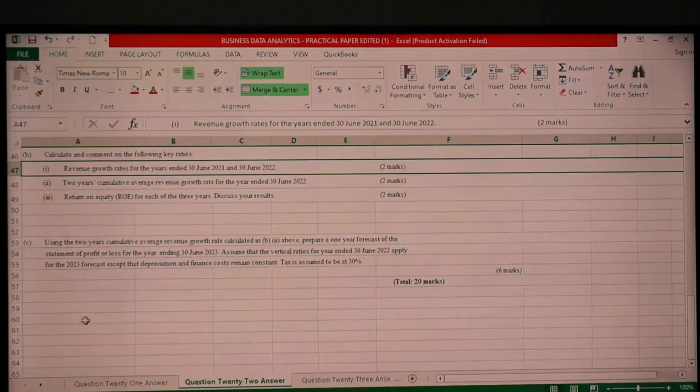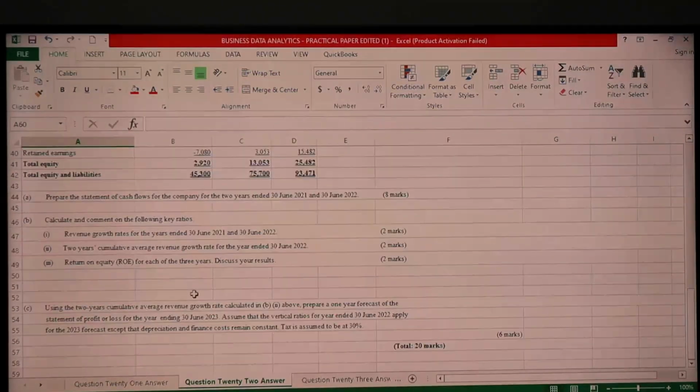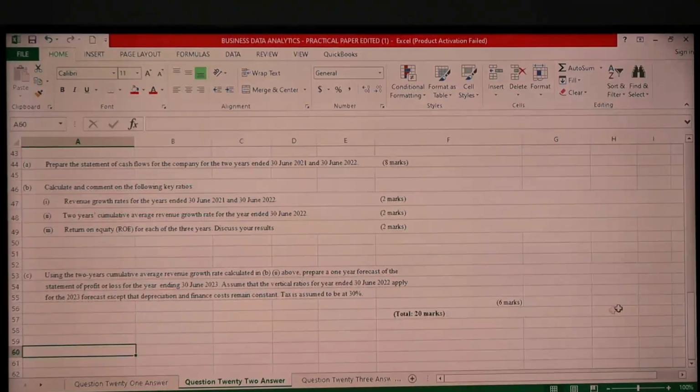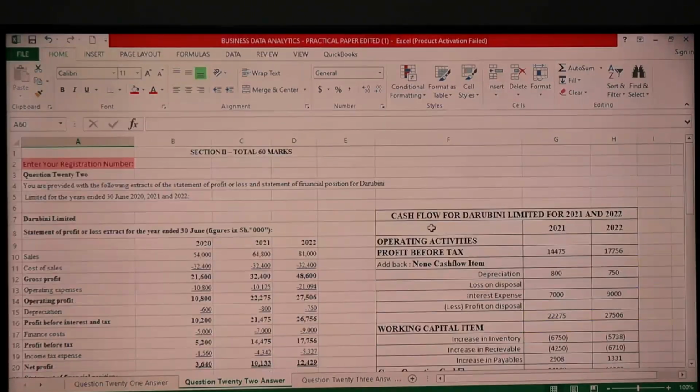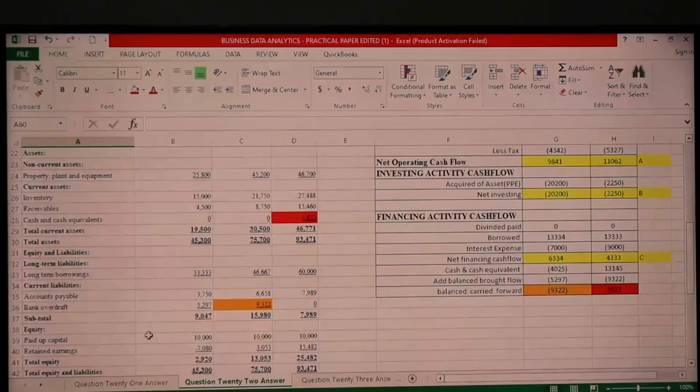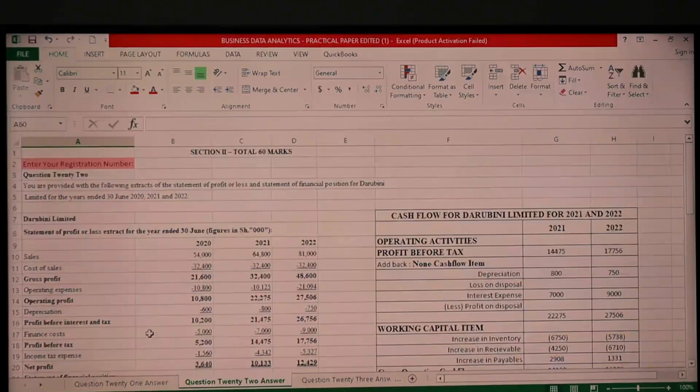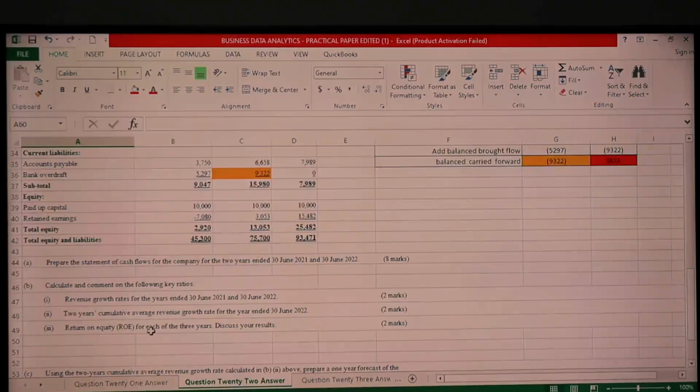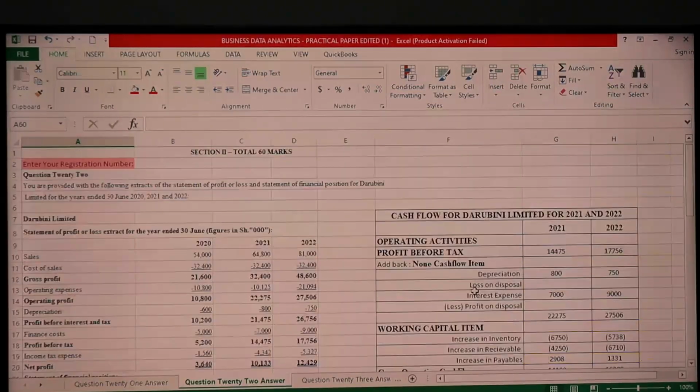And down here, you say that you are solving question 2. This was Roman A, question 2, 2022A. So when you are answering the question, please indicate the question that you are solving.